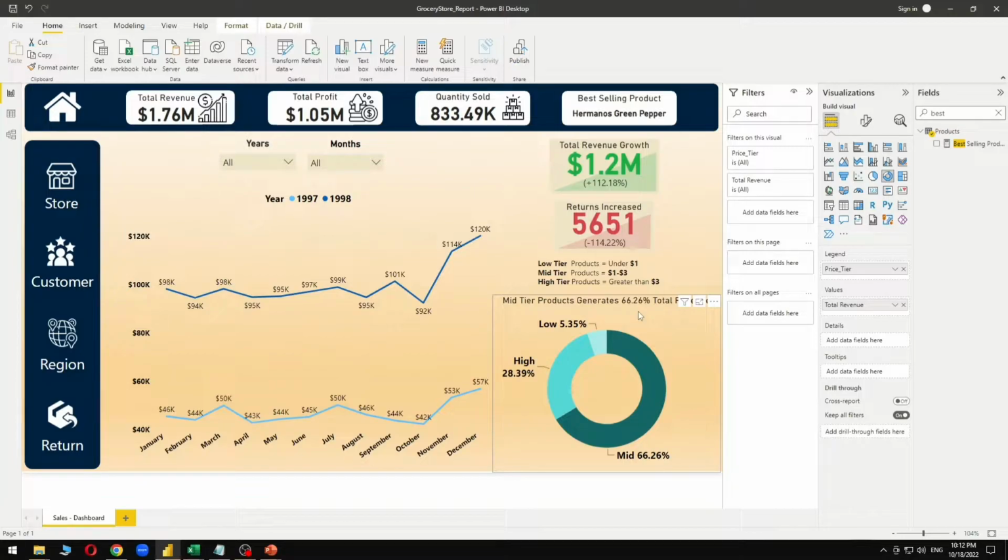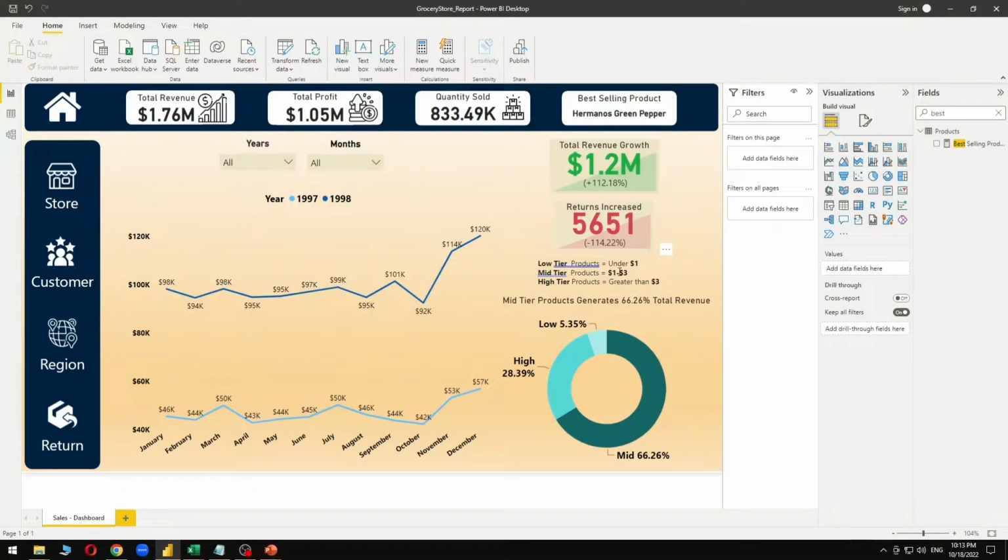If we calculate our revenue based on these three categories, we can easily see that 66.6%, 26% of the revenue generation is from these mid-tier products, that is $1 to $3 products. So the company should focus on selling more of the products between $1 and $3, because they are the most selling by this company in the years 1997 and 1998.